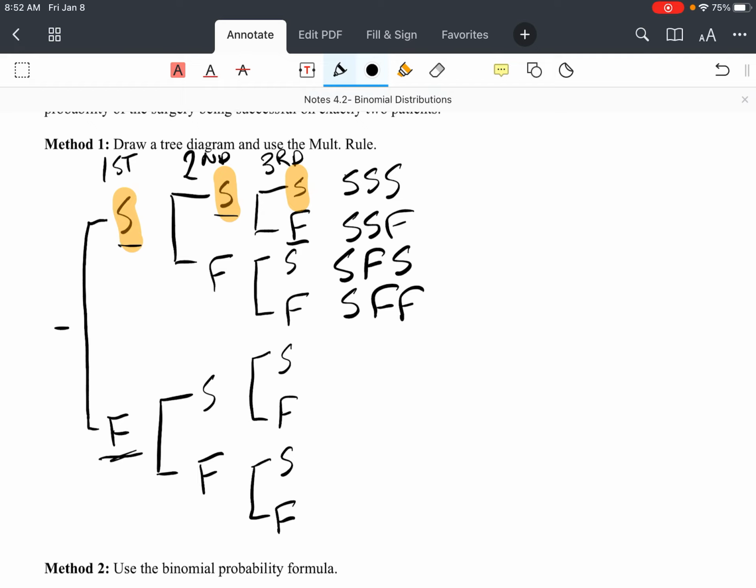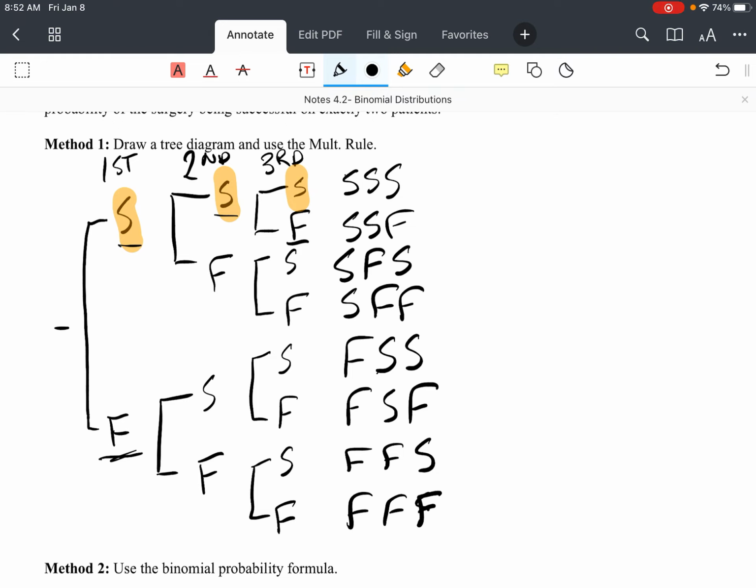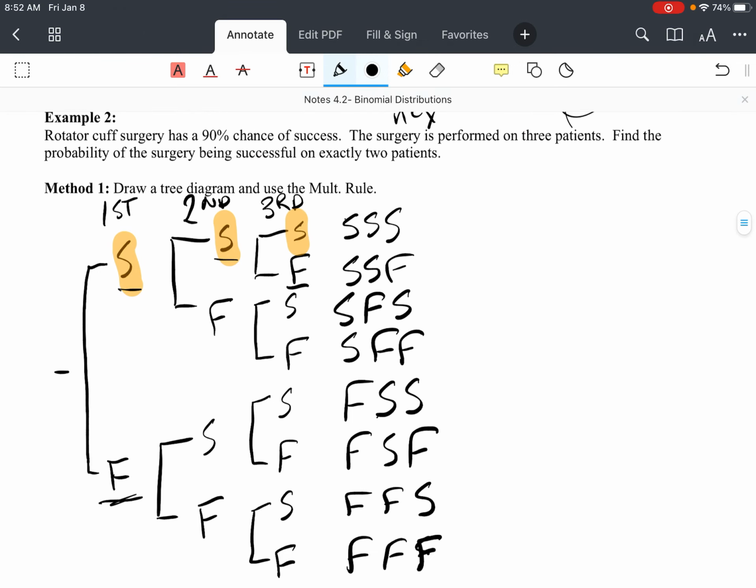This last one, we have failure first, and then we have 2 successes in a row. So this would be failure, success, success. And then I'm going to let you guys fill the rest of this out with me, and we get this as failure. Okay.